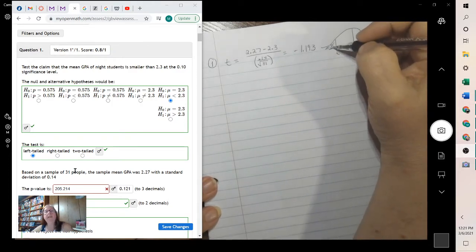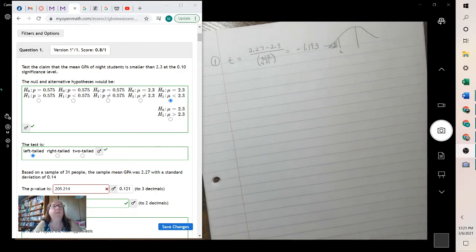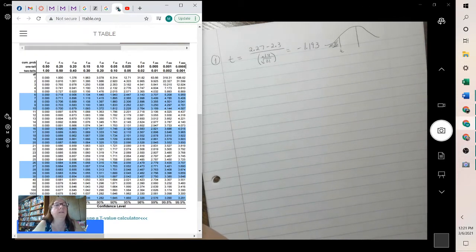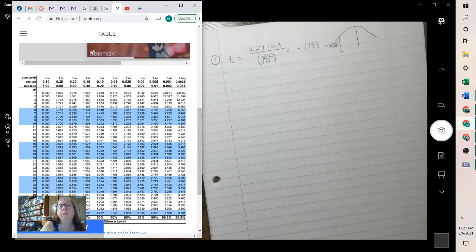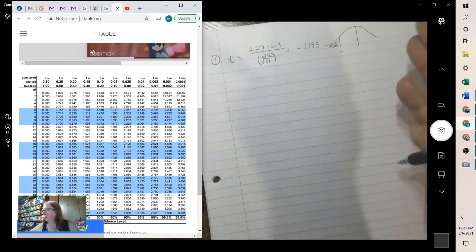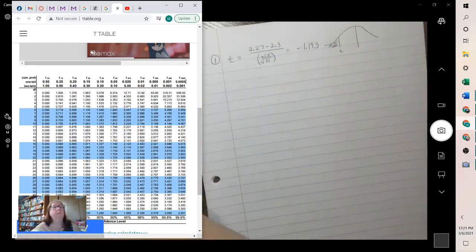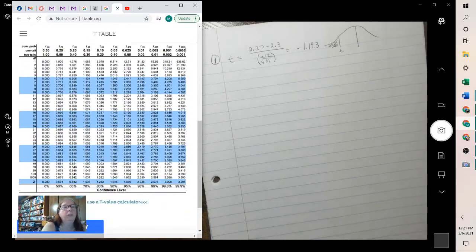To find this, we use a t-table. So if we go to the t-table here, this is a t, and we're using the 1.19. Now remember, this is symmetric, so whether you use the positive or the negative, it's the same. And the t value shows you, it always shows less.